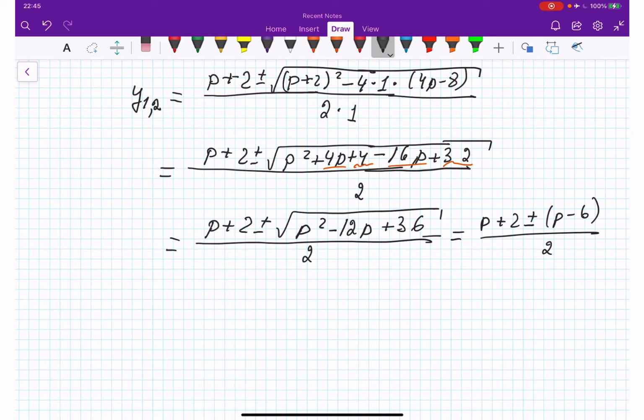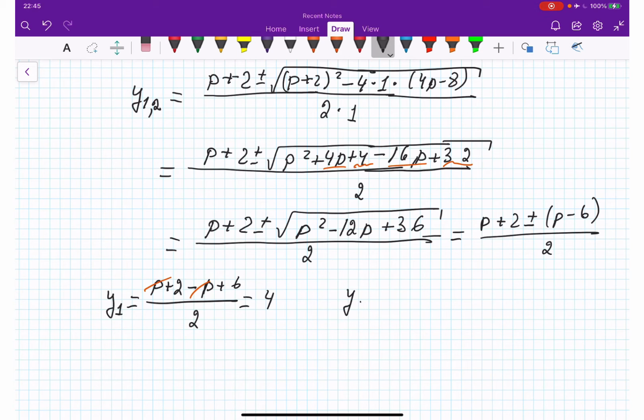Okay, so from here, what do we get? y1 is equal to p plus 2 minus p plus 6, right? We do the subtraction first, divided by 2, and p is gone, and 2 plus 6 is 8, divided by 2, it's going to be 4.